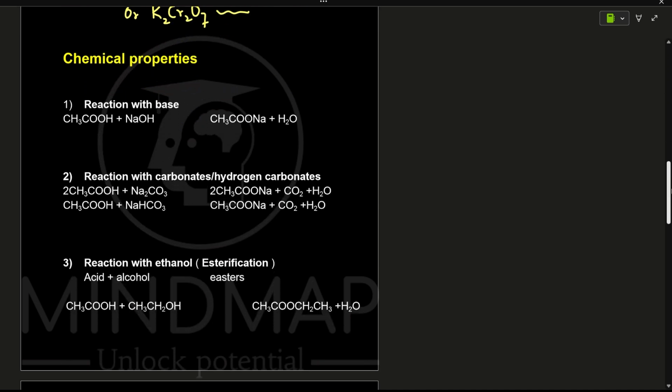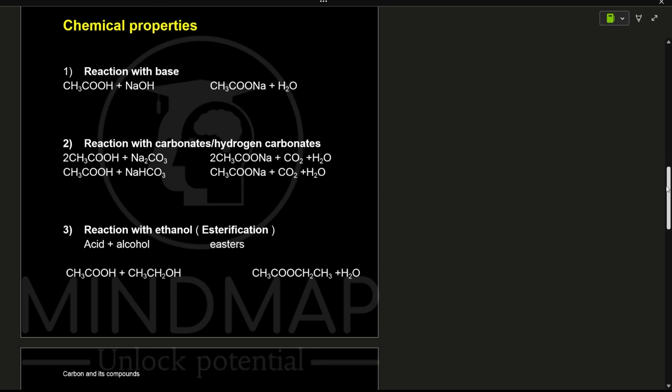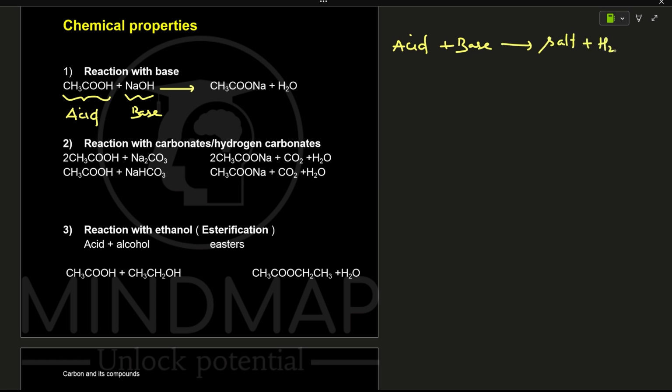Now let's see the chemical properties of ethanoic acid. The first reaction is with base. Now देखो यहाँ, this is ethanoic acid, this is an acid, correct? When it reacts with NaOH, that means base. ठीक है, so we have studied that whenever an acid reacts with a base, what we get? We get a salt and water. ठीक है, तो यहाँ पे हमें क्या मिल रहा है?